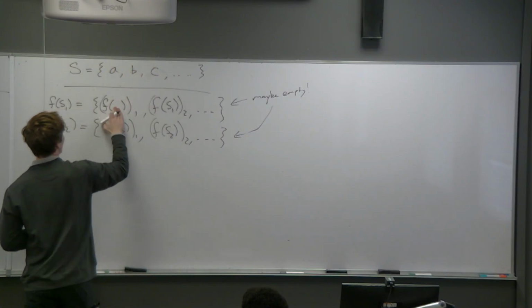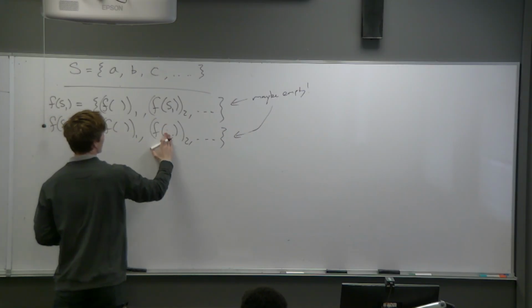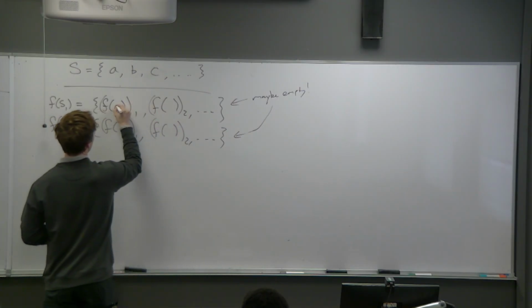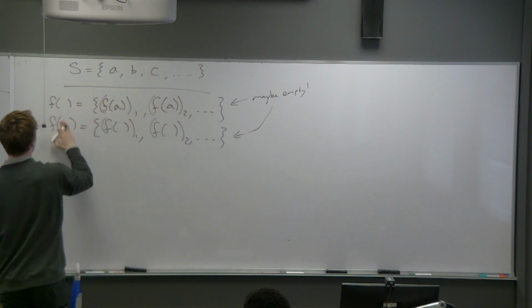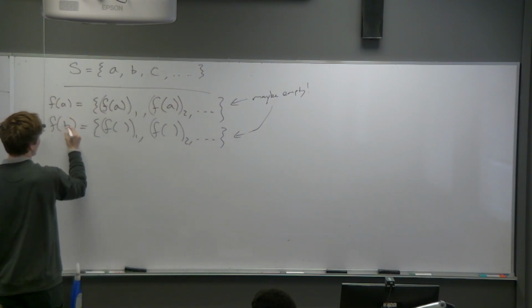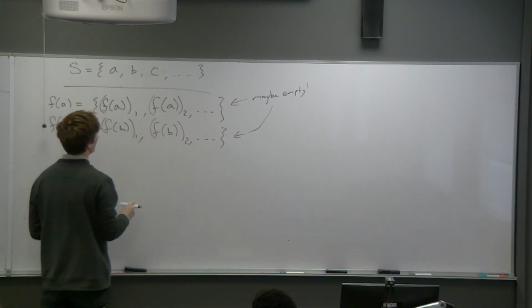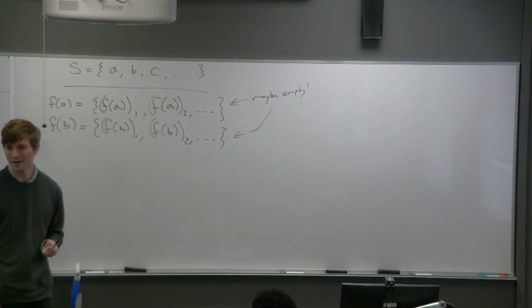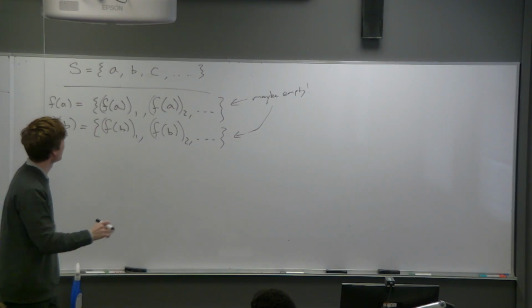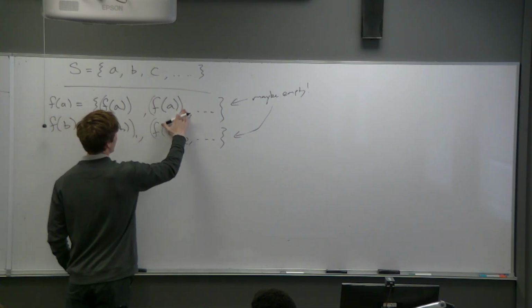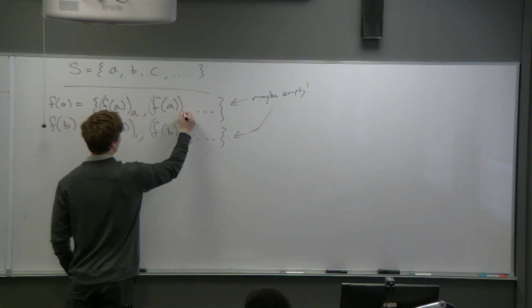They're all just f of a's now. These are all just b's. And instead of writing numbers by them, let me just say A, B, and C, right? So whatever elements are in there.